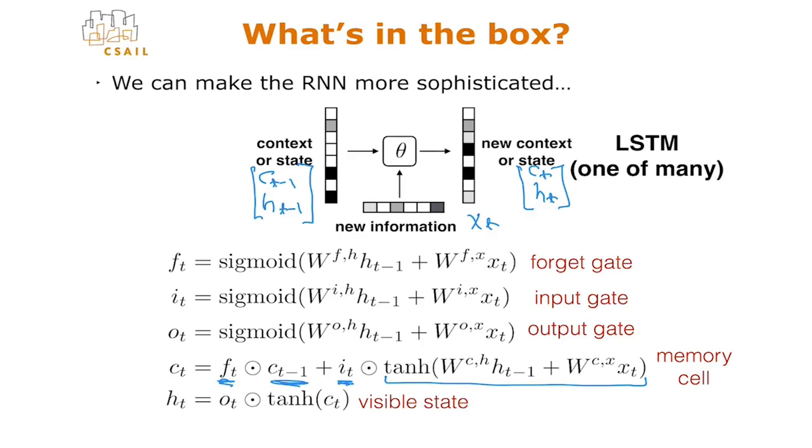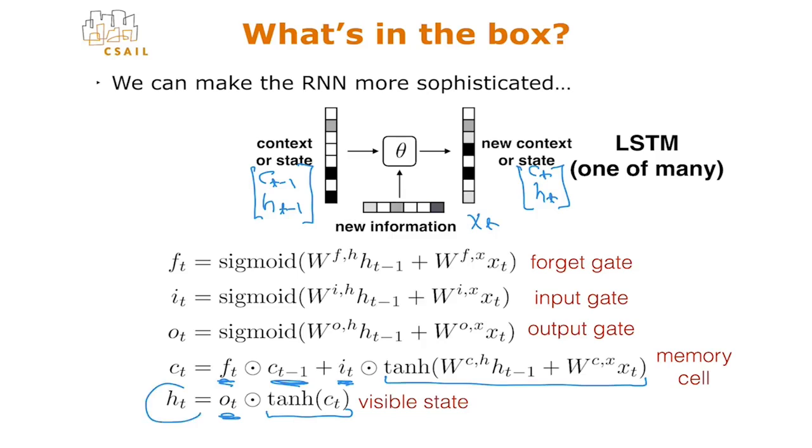But we keep this memory cell hidden and instead only reveal the visible portion of the state. So we take a tanh transformation of that memory cell signal. Since the memory cell signal is additive, it can increase in value. We turn that into a value between -1 and 1 by applying the tanh, and then control what portion of that signal should actually be made visible.